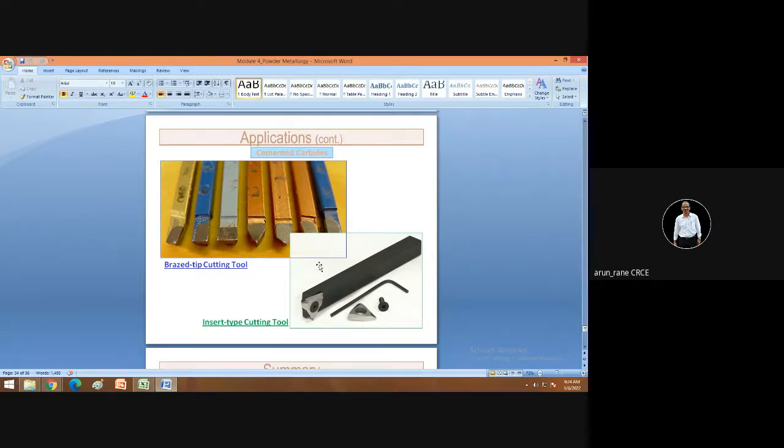Like that, most of the inserts have four cutting edges on the top and four cutting edges on the down. That is, if it is a rectangular, cuboidal shape insert, then it will have 8 cutting edges.